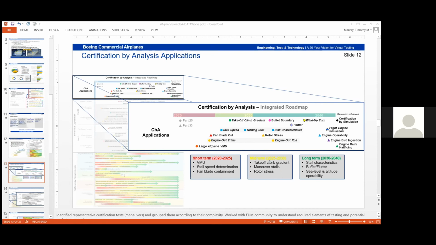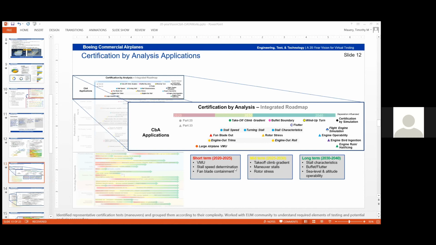So we grabbed just a few of those 60 certification applications that came from the regulations. And we put them in a progression of capability according to their complexity.